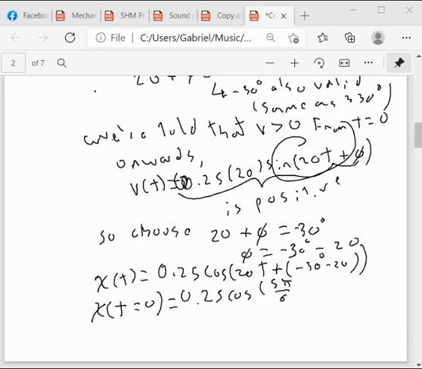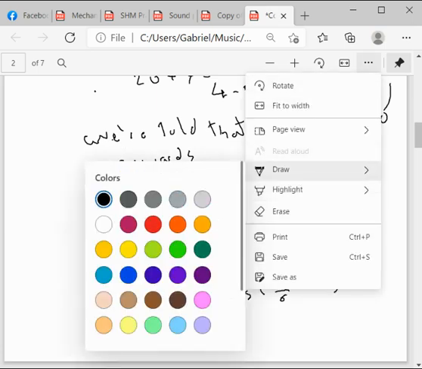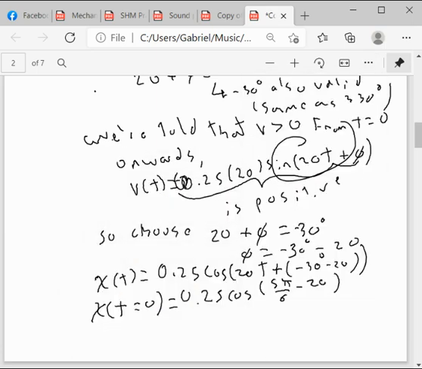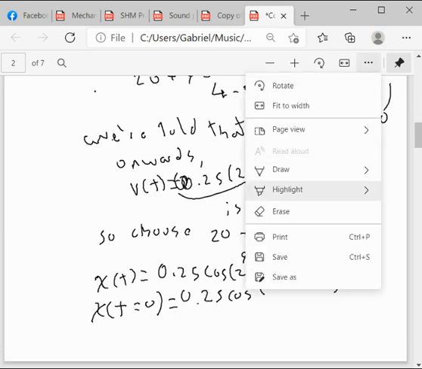and the minus 20 is still here. So what you should end up getting is a value of about, oh sorry, hang on, 330 is not 5 pi over 6, it should be about 11 pi over 6.